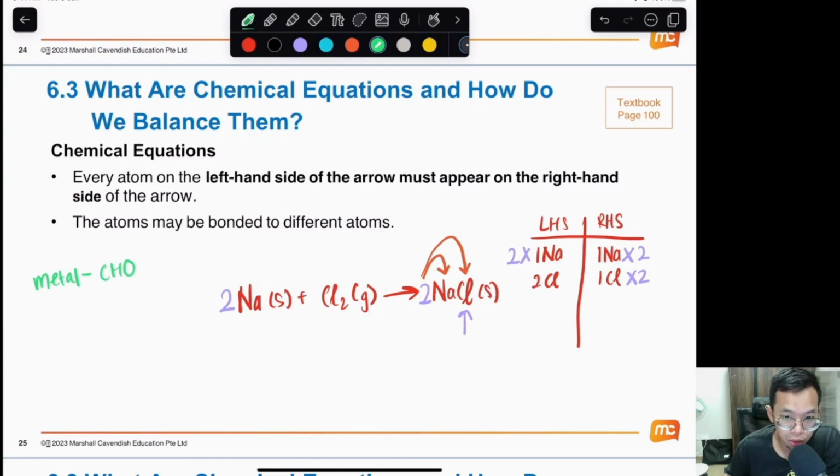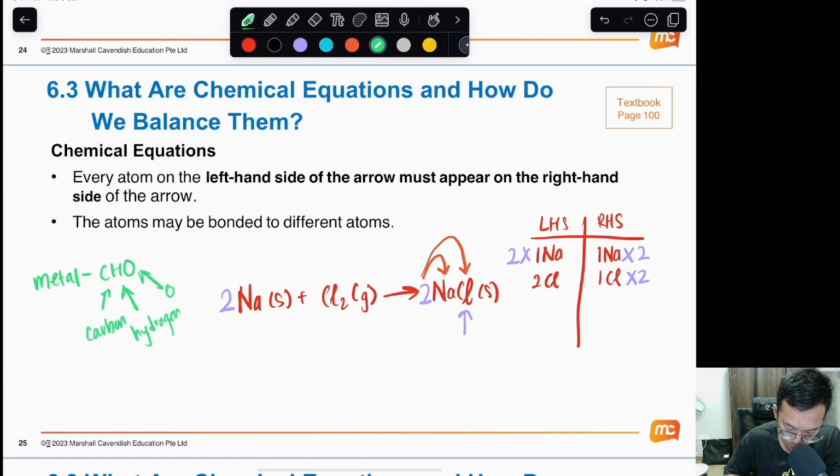Firstly, basically what we do is balance out the metals first, and then we balance out the carbon, then we balance out the hydrogen, and then finally we balance out the oxygen.